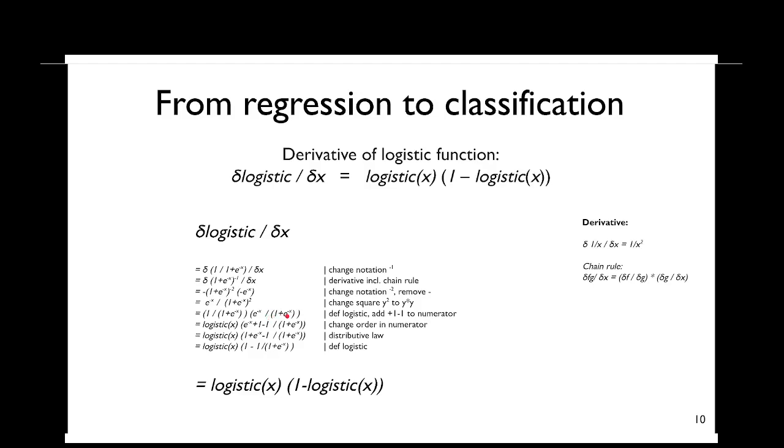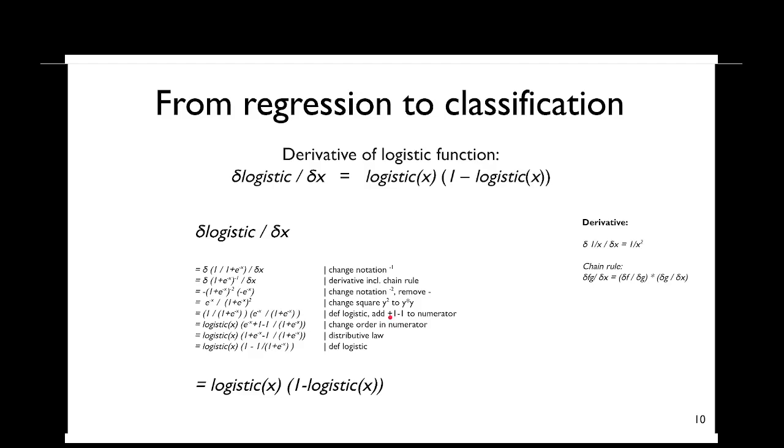Now we see that the first part is actually the definition of the logistic function, so this part can be written as logistic of x. But that still leaves us with that part over there. However, we can change that as well, with a very old math trick that seems to be doing nothing but helps with the representation.